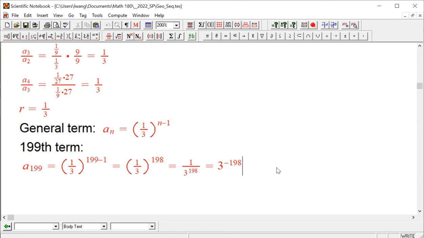Now suppose we have some information about a particular term. We may not know the first term sometimes, right? So we're going to look at example number 4. Here's the question.